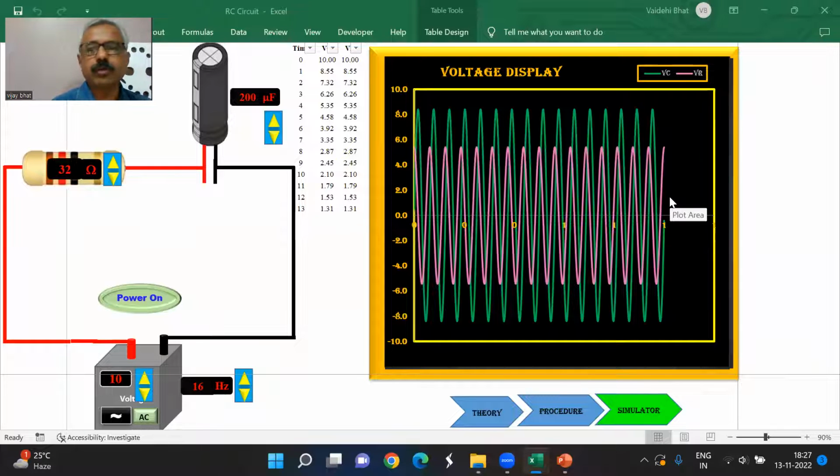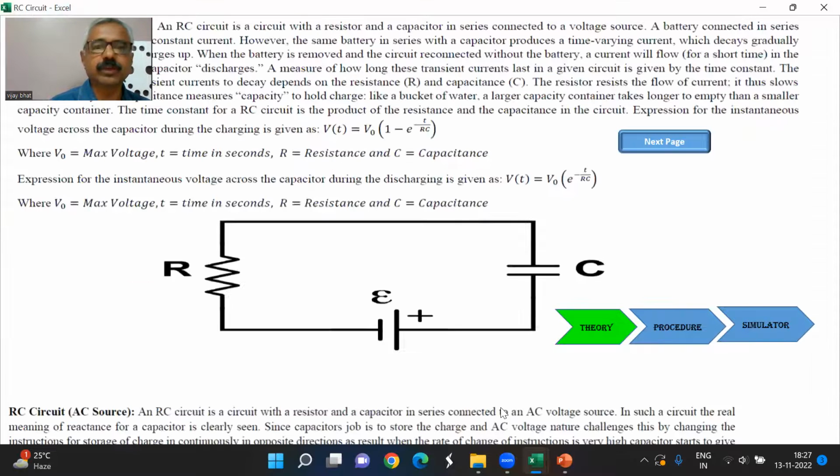In this video, I am going to brief you about the RC circuit, and here we go with the theory of RC circuit. A series RC circuit is basically a resistance and capacitance in series with each other. Whenever a potential is applied, the job of the capacitor is to store charge.